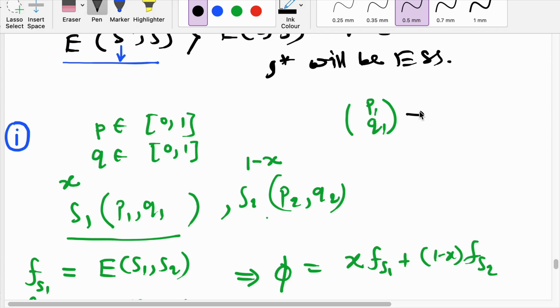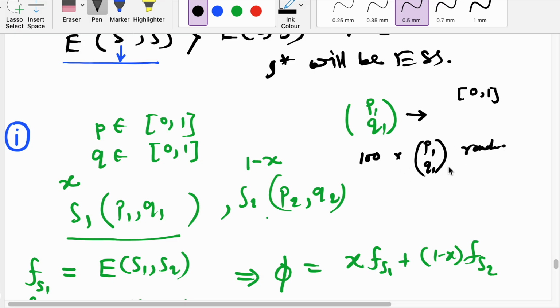Suppose I choose these two numbers from a random generator between 0 and 1. Then I can get as many strategies as I want. Now I just want to choose some 100 such strategies. I will choose 100 (p1, q1) pairs randomly.